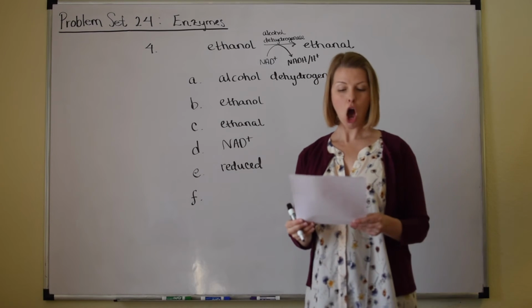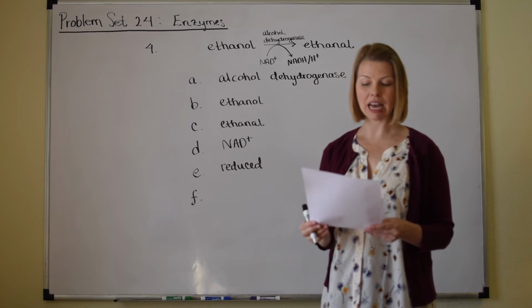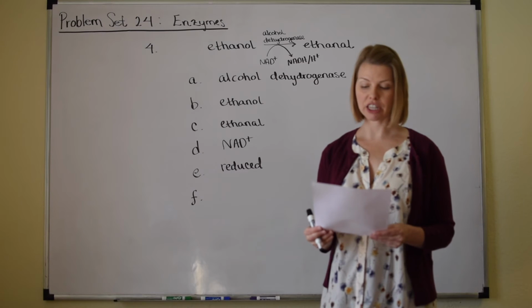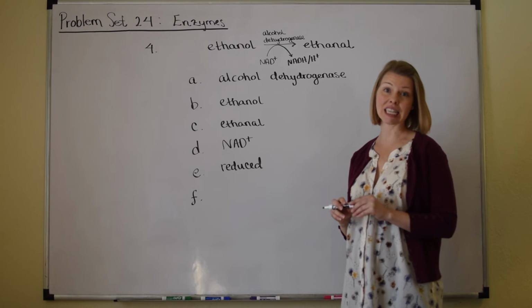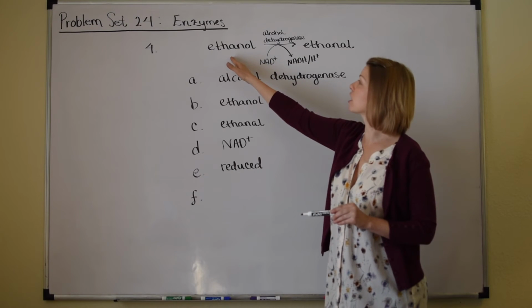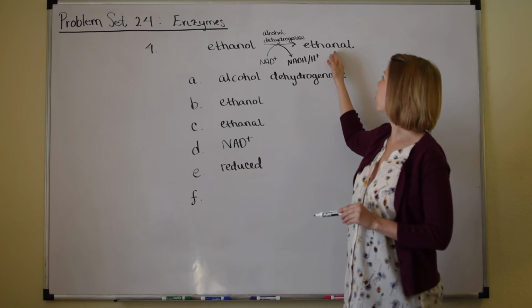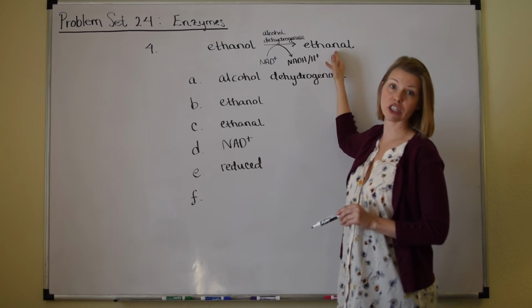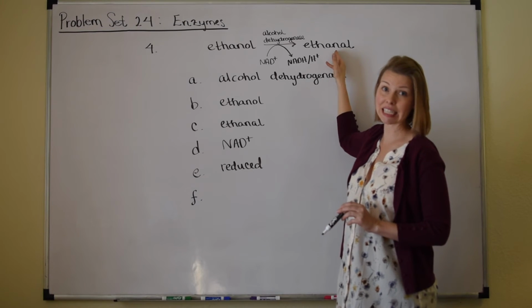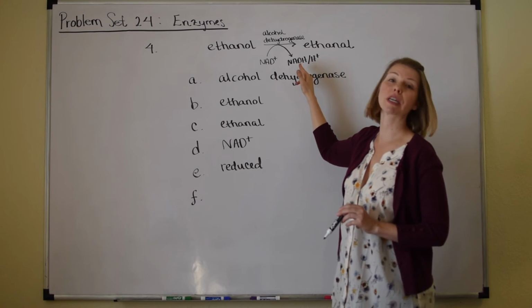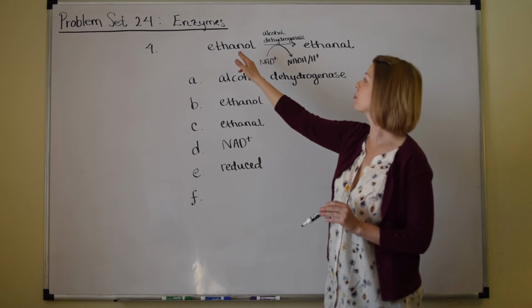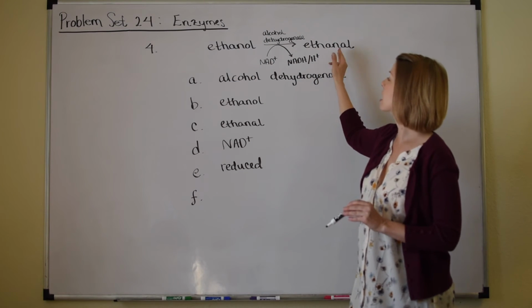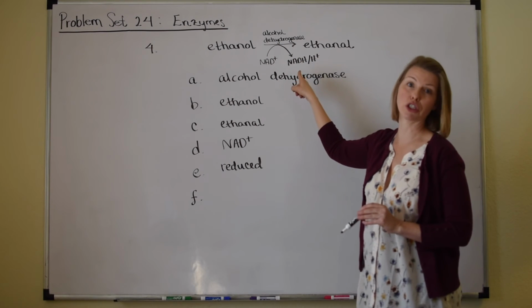And F, what class of enzyme does the enzyme in this reaction belong to? Okay, so it's catalyzing the oxidation of ethanol into ethanal, which requires the coenzyme NAD to get reduced, because remember, oxidation and reduction have to occur together. So the substrate is being oxidized, the coenzyme is being reduced.